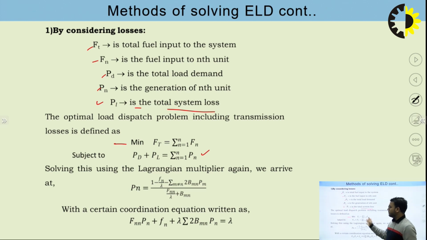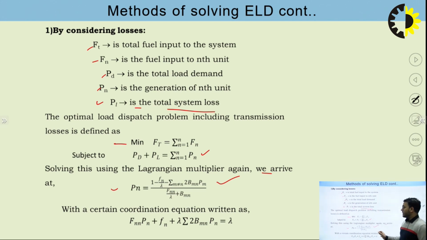Now when you solve this with the help of a Lagrangian multiplier, we arrive at this situation: Pn equals (1 minus Fn upon lambda minus the summation over m not equal to n of 2 times Bmn Pm) upon (Fnn upon lambda plus Bmn). So this is Pn over here, which is the generation of the nth generator.